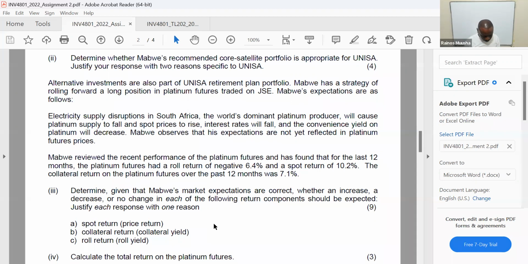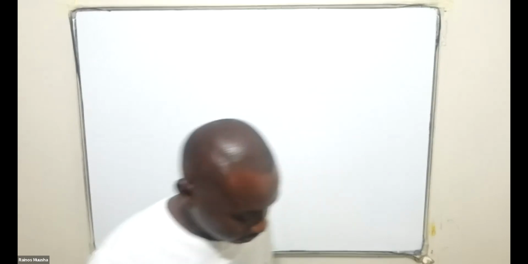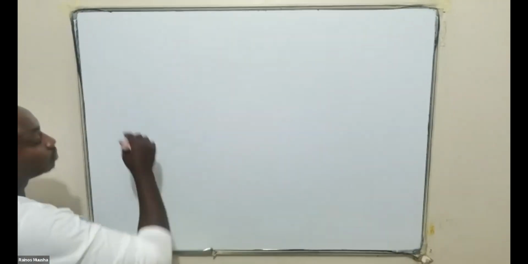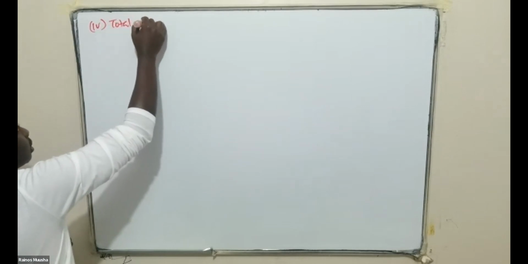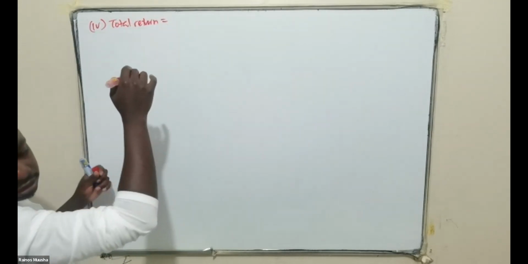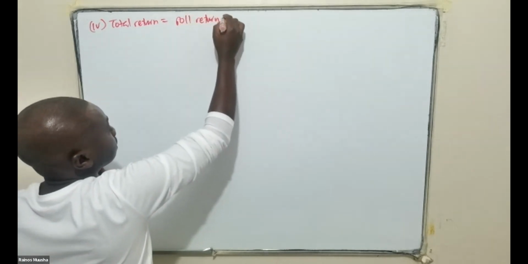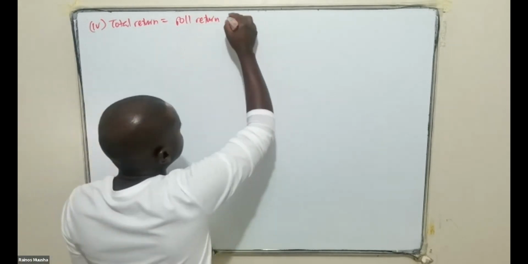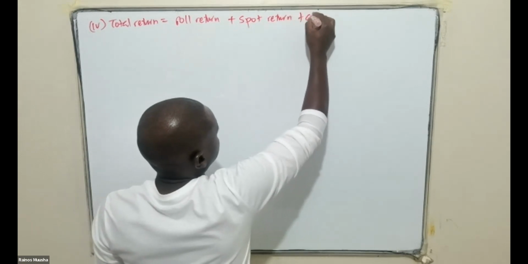So to calculate the total return on the platinum futures, we're going to say as a formula, your total return is given as your raw return plus your spot return plus your collateral return.